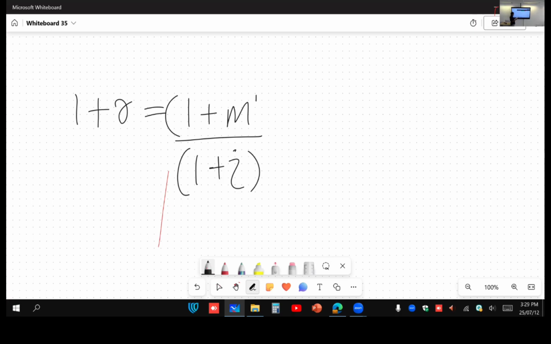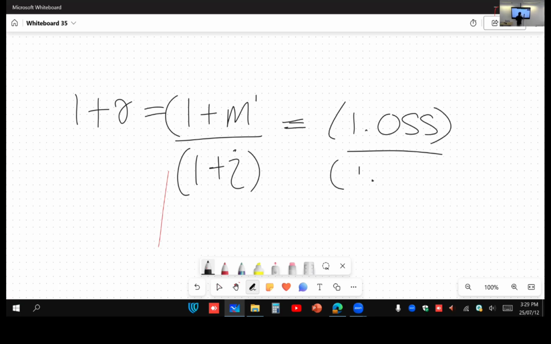Inflation rate you can get to know, it is 2.3%. So 1 plus r is equal to, I can write directly, 1.055 for the 5.5%, divided by 1.023 for the 2.3%.